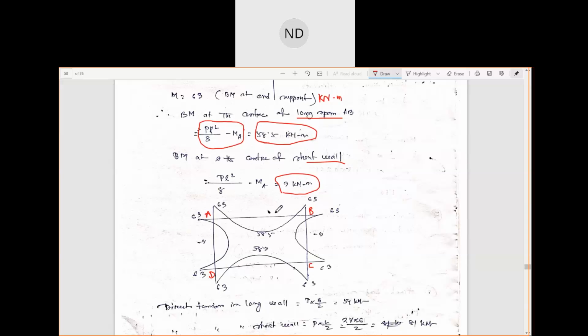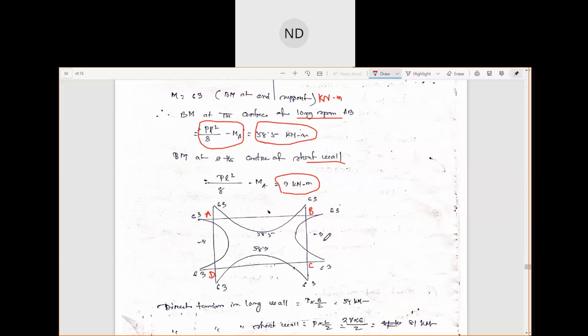AB is the longer span, so along it you have 58.5 kilonewton meter as the center span moment, and on the short span you have 9 kilonewton meter.